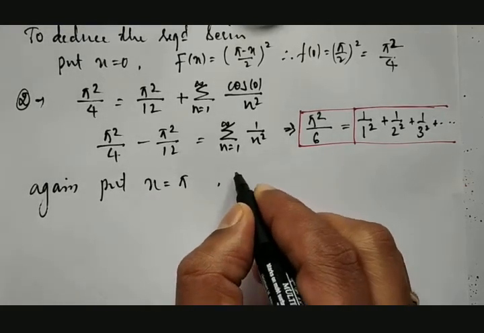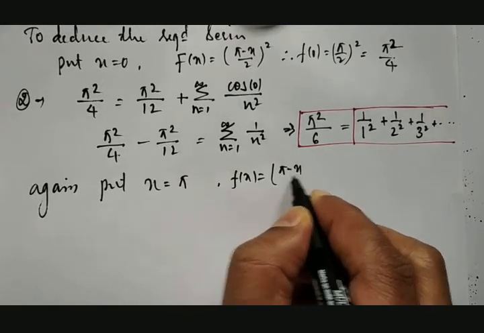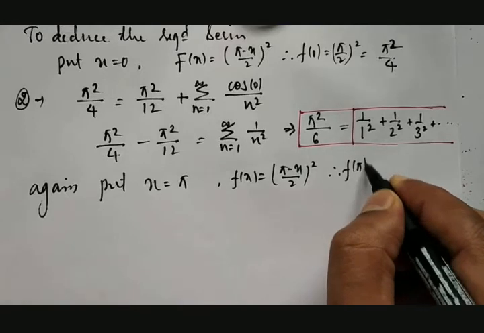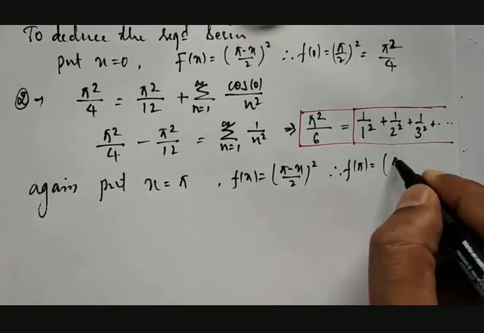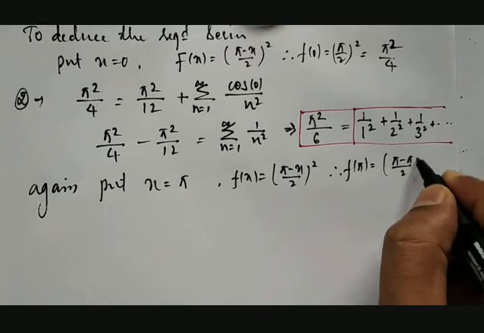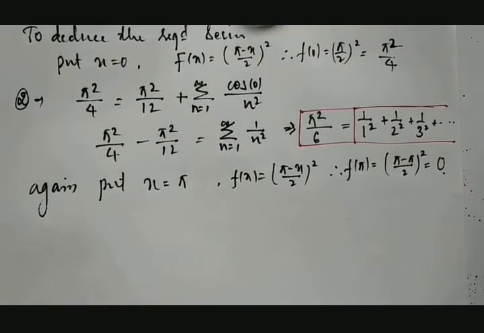Then here f of x is equal to pi minus x divided by 2 the whole square. Therefore, f of pi will be equal to pi minus pi divided by 2 the whole square, which is nothing but 0. Fine.